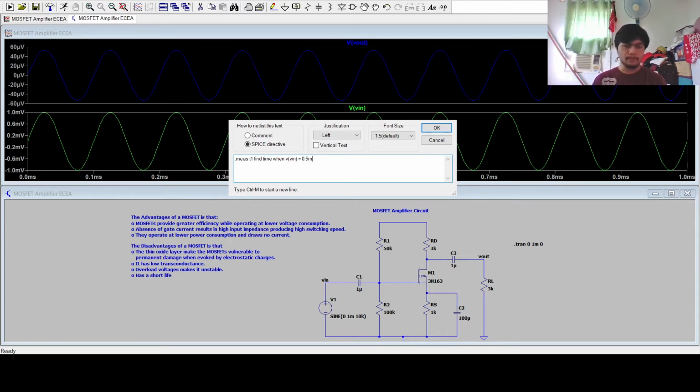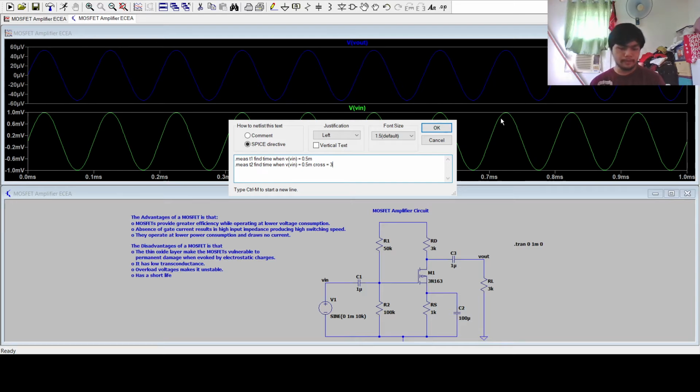Now Control M for the new line. Measure T2 find time when voltage input is equal to 0.5m cross equal to 3.